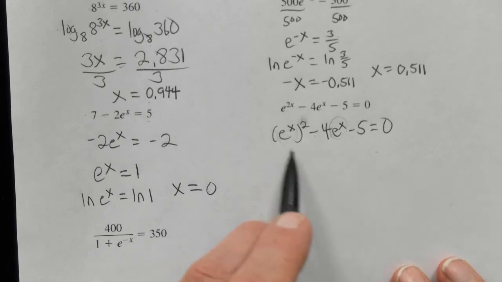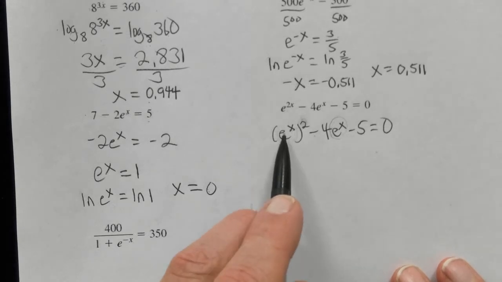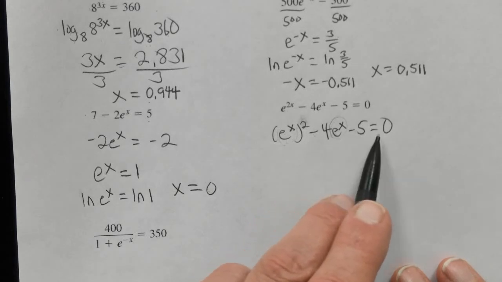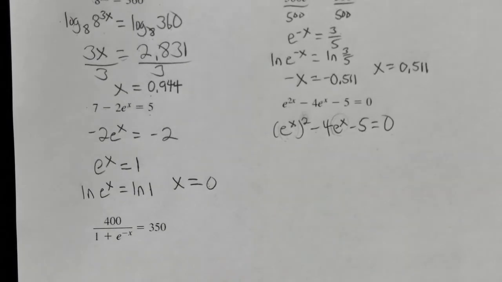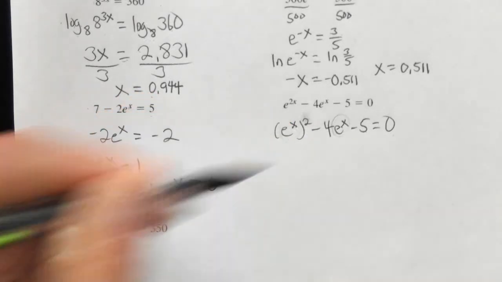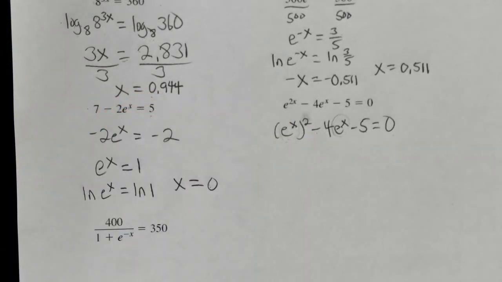Let's say I just replaced it with an x. What would the equation read? x squared minus 4x minus 5 equals 0. All right? So that sounds more familiar. We know how to solve that equation. If this was just x squared minus 4x minus 5 equals 0, we could solve that all day long, right? So this is no different, and if we solve that for x, then we would figure out what e to the x equals.